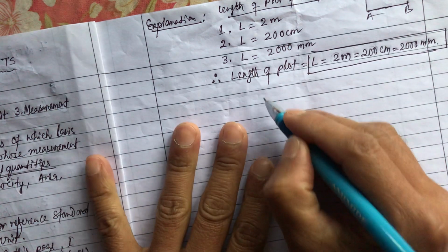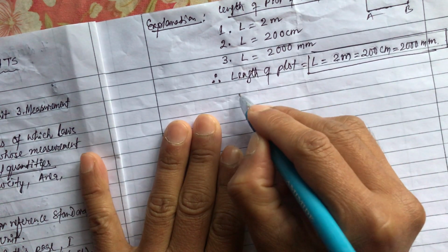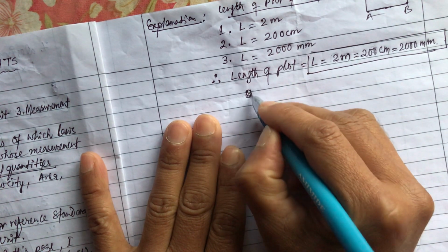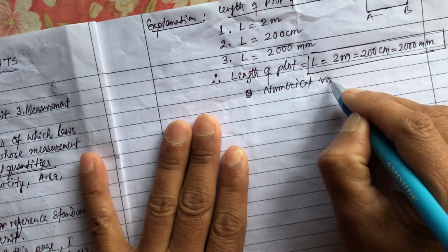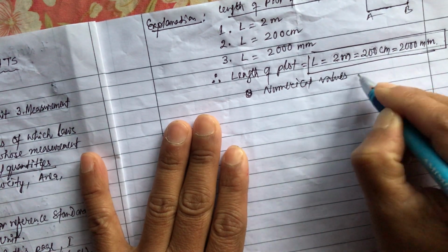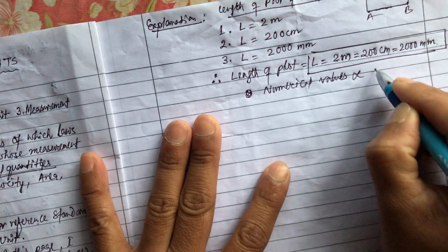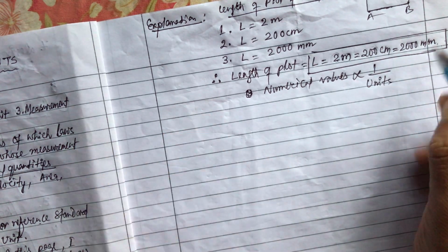So here we can say, let me write here, numerical value is inversely proportional to the unit of that physical quantity.